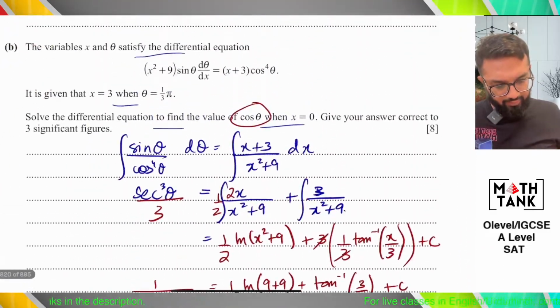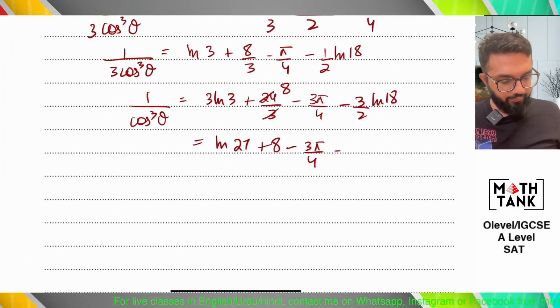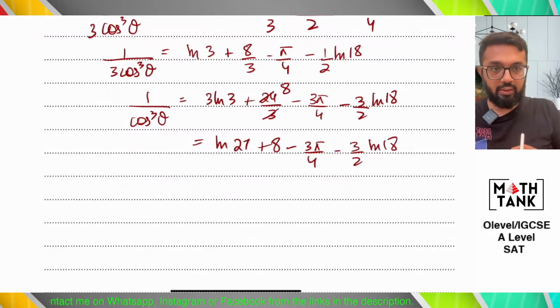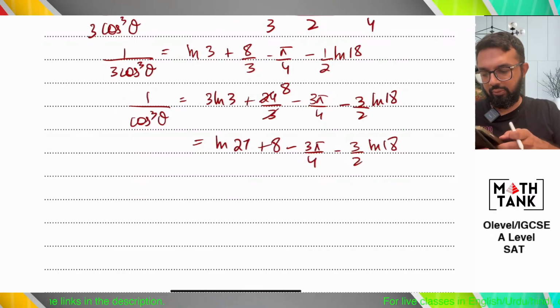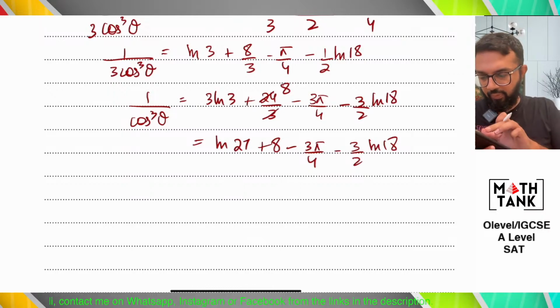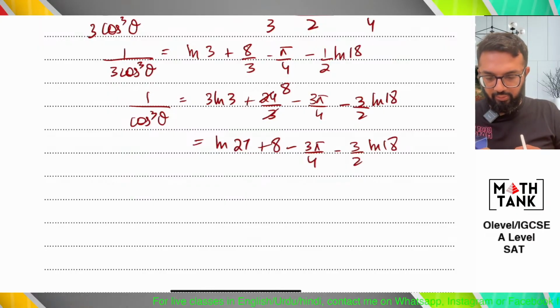Okay, I don't need to find an exact value, which tells me that giving your answer correct to 3 significant figures, I could do this directly on my calculator rather than wasting time on all of this. So ln 27 plus 8 minus 3 pi over 4.